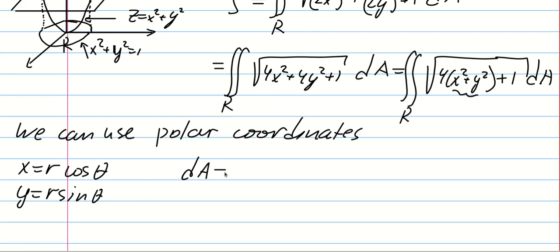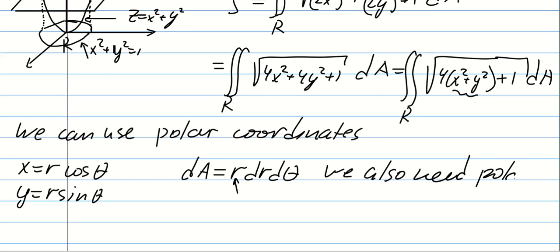Unfortunately, dA doesn't transfer directly. It has to be r dr d theta, right? So we have to introduce this r because we discussed it in the previous lecture. We also need polar limits of integration.